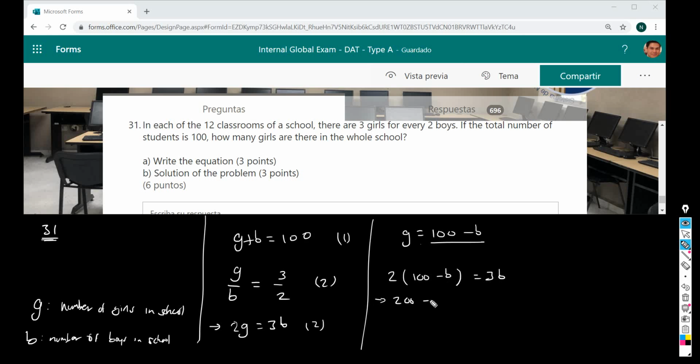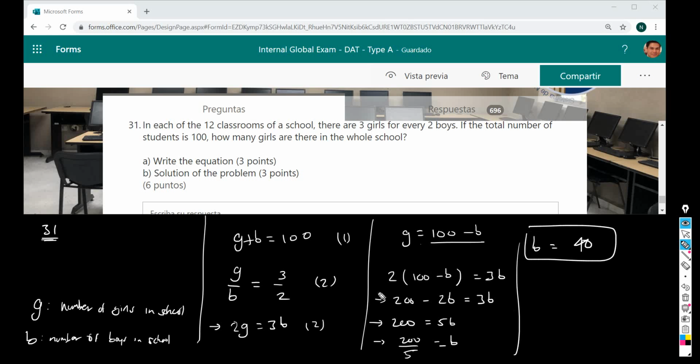You just continue with the equation as normal, and then 200 equals 5B, and then 200 over 5 is equal to B, and therefore the conclusion is that B equals 40.